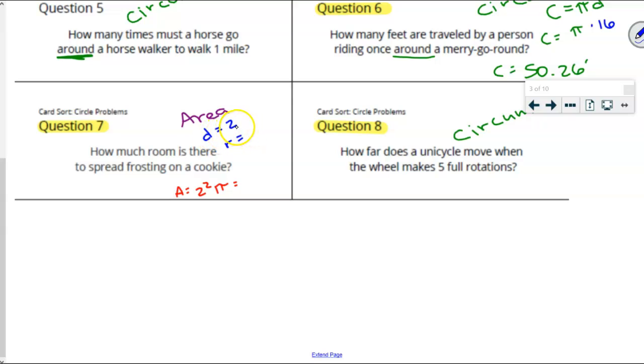A diameter of 2 would change that, so the radius is 1. And so the radius of 1 squared then multiplied by pi is going to be, I know this one, 3.14. And what would our units of measure be for this, Zuri? 3.14 what?